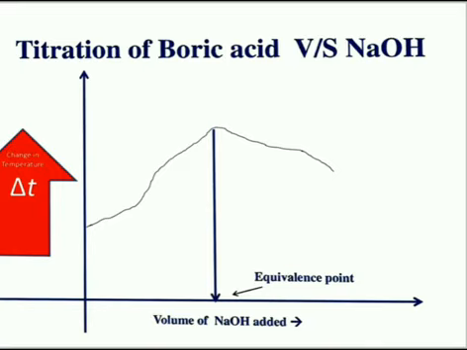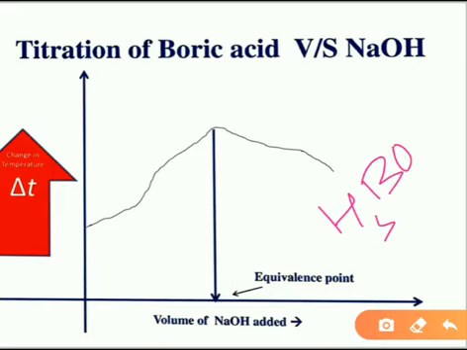The formula for boric acid is H3BO3, and it reacts with OH minus from the base and gives H2BO3 minus.